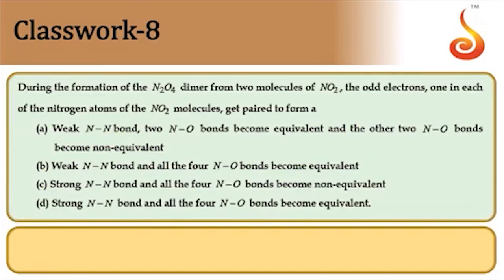Then, during the formation of N2O4, the dimer of two NO2 molecules, the odd electrons, one on each nitrogen atom of the NO2 molecules, get paired. So we should know the structure of N2O4.